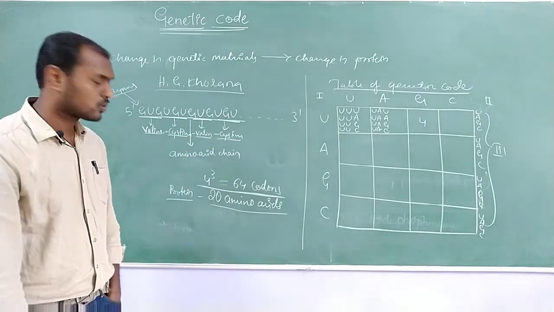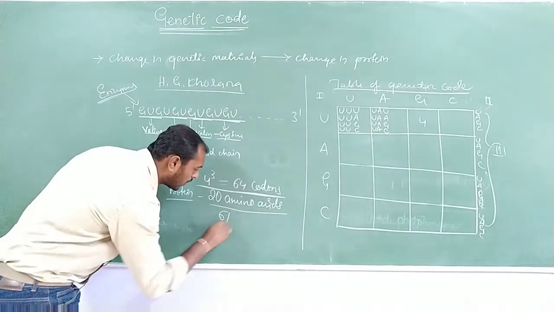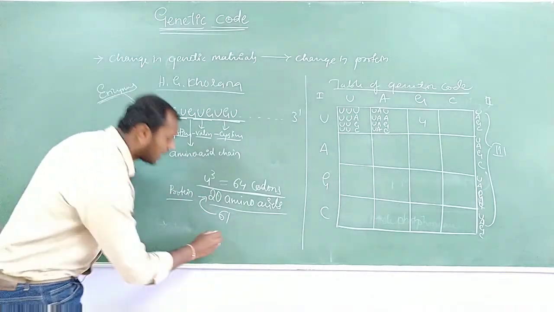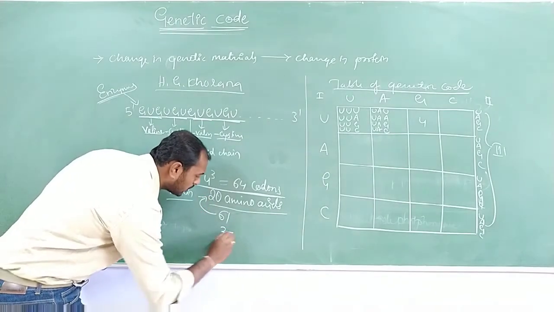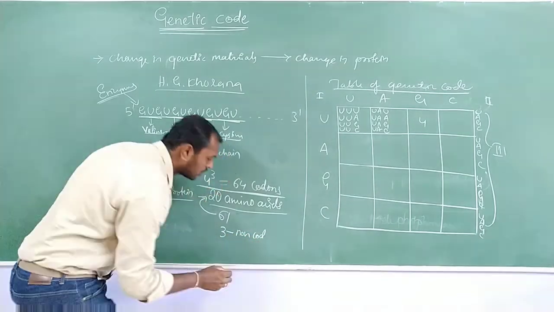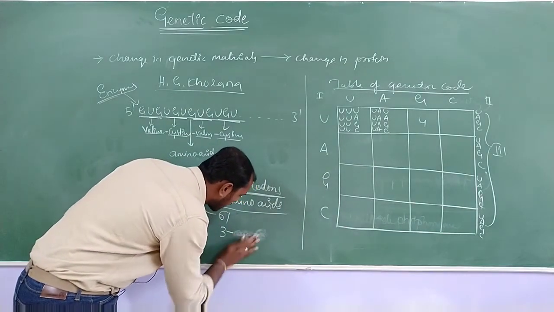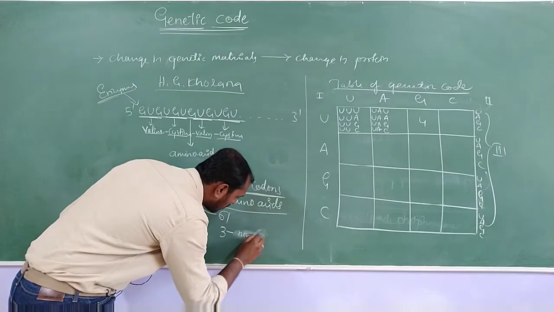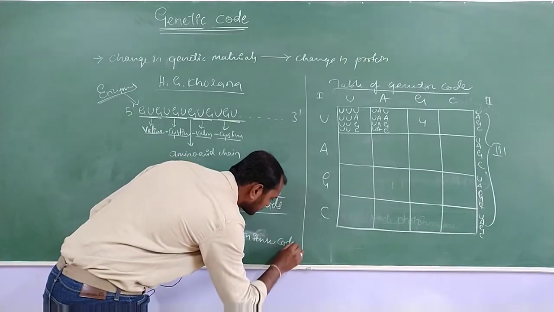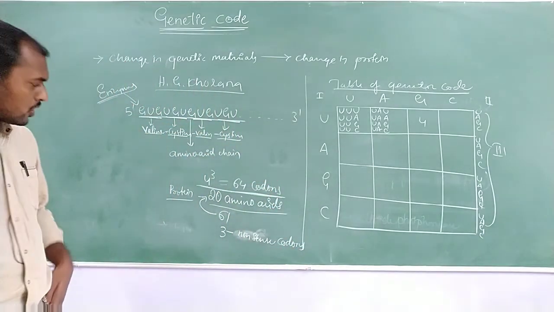According to George Matthew and the scientific experiments, 61 are going to code 20 amino acids, okay, and 3 are not able to code. They are called nonsense codons.